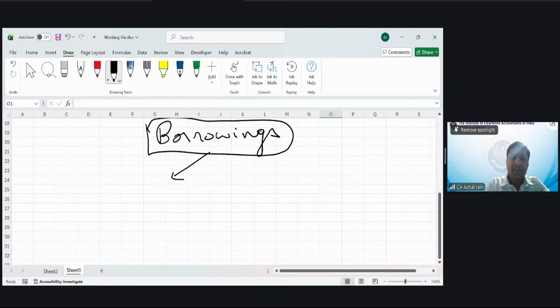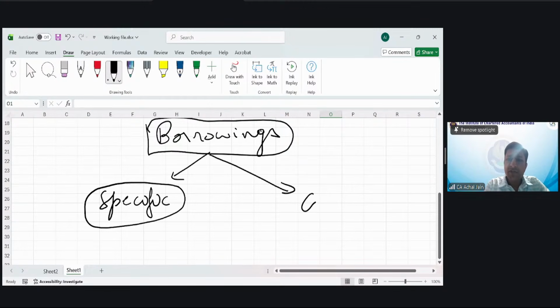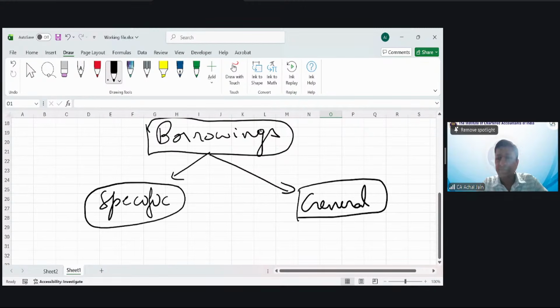One is the specific one, and the other one is general. Depending on the type of borrowing, the capitalization may be impacted. So that's why it's important to understand the types of borrowings which are there.